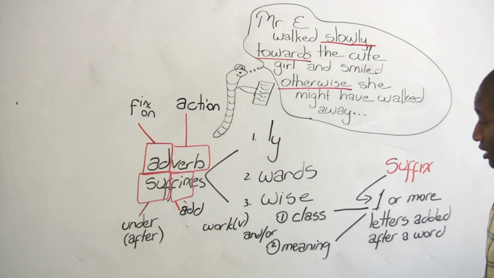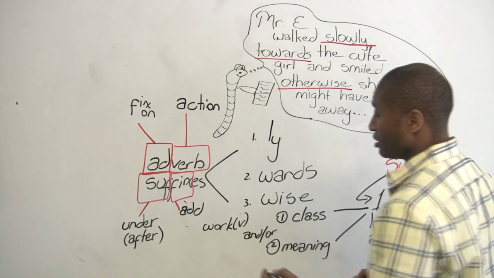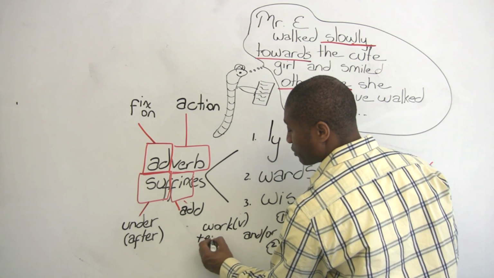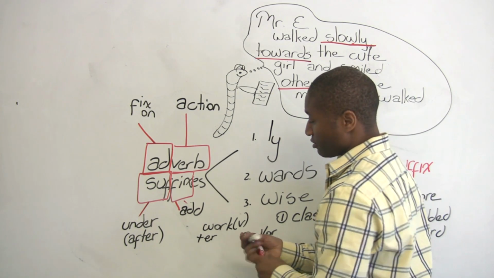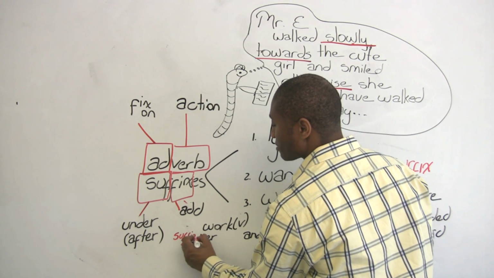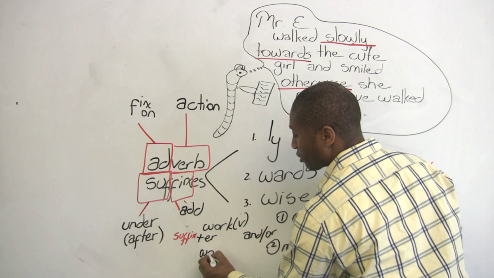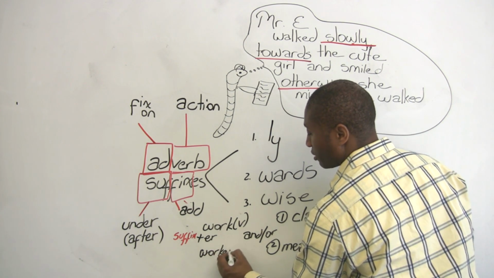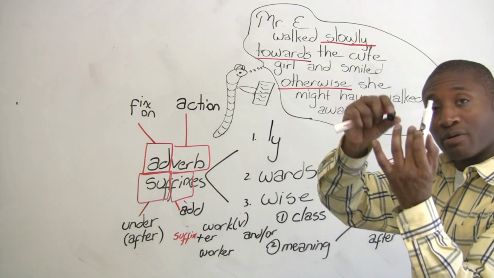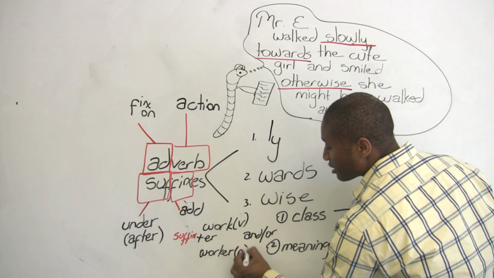Verb. Okay? Now, if we change it and add, for instance, er, which would be a suffix, right? What you'll find is, by adding the suffix, work becomes worker. And by the magic of television and my marker, worker is a noun.